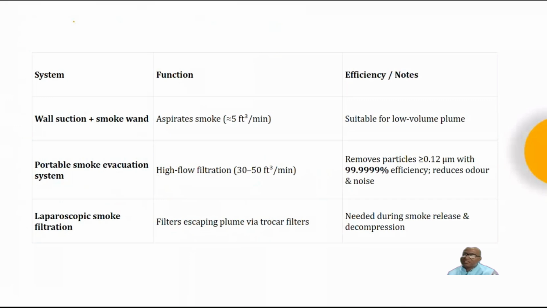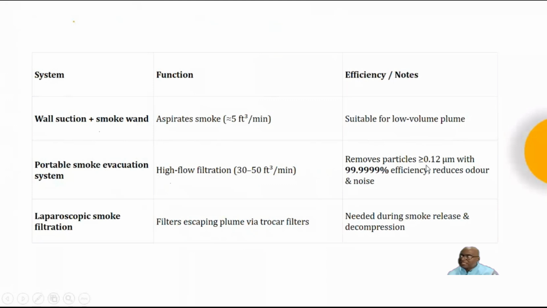So there are various smoke evacuation systems, like wall suction and the smoke vac, which is a handheld instrument. It will aspirate the smoke at a rate of around 5 cubic feet per minute and is suitable for low volume plume. Then there are portable smoke evacuation systems with high flow filtration of around 30 to 50 cubic feet per minute.